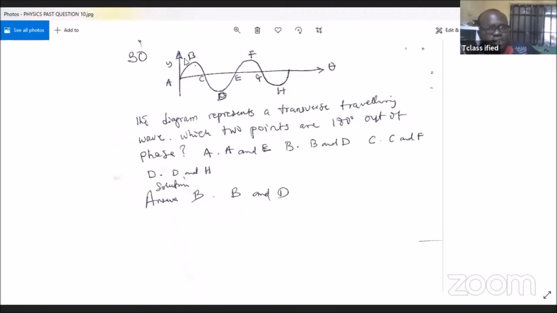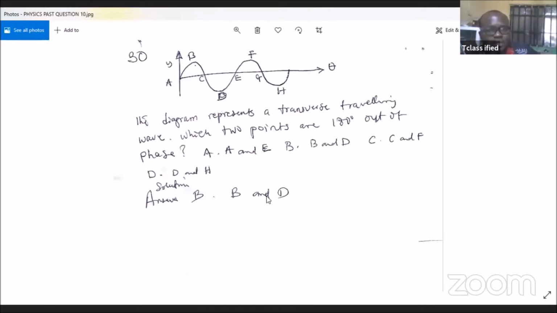B and D, this is B, this is D. So B is 90 out from D and another 90. So 90 plus 90, you have 180 out of D. That makes it the answer. Then option C and F, this is C, this is F. So C is just 90 out from F. Option D and H. This is D, this is H. They are on the same phase.